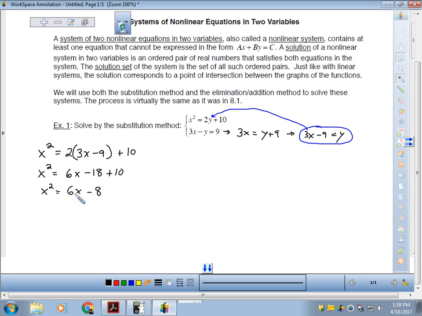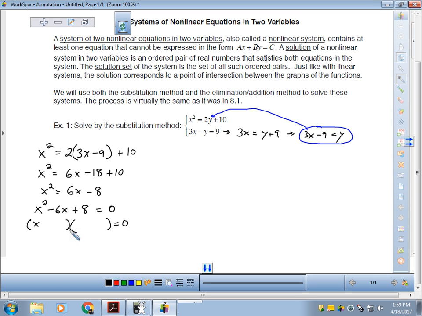Now because we have x squareds and x's, we want to make this equation equal 0 so that we can either factor or use the quadratic formula. So I'm going to take this 6x and this negative 8, and move them both over to the other side of the equation. So I'll have x squared minus 6x plus 8 equals 0. And then I can solve that equation. This one does factor.